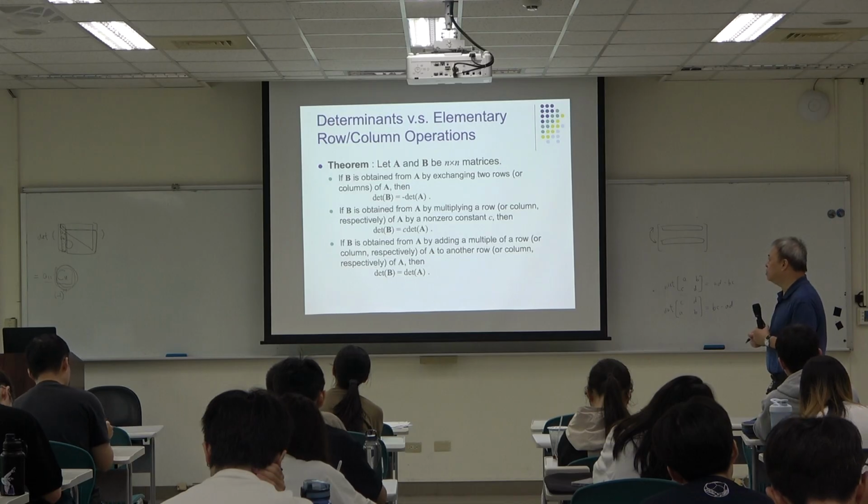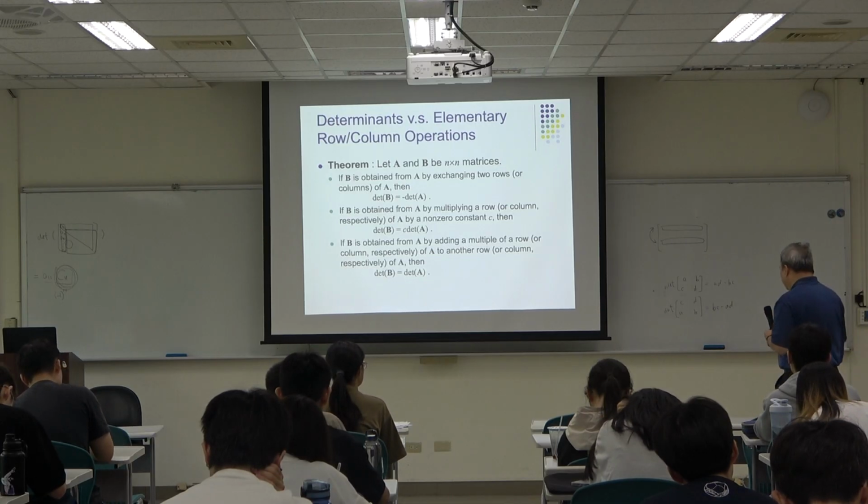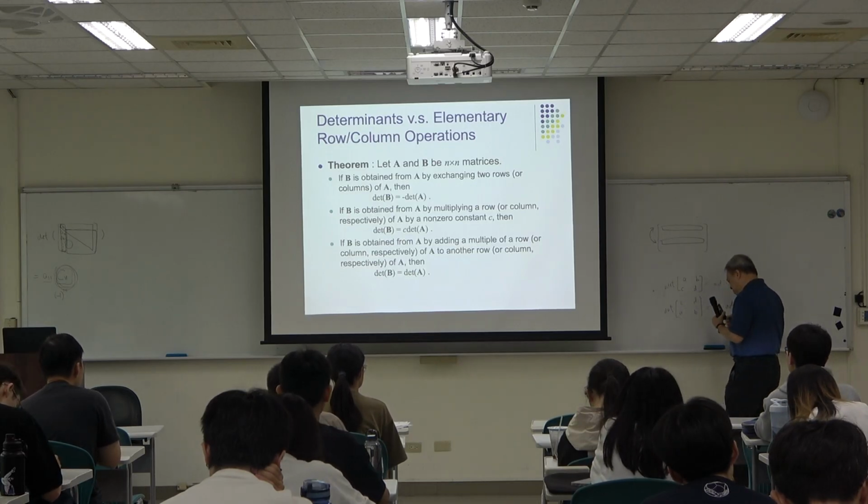The determinant of B equals the negation of the determinant of A. Okay, this is the case for n equal to 2.